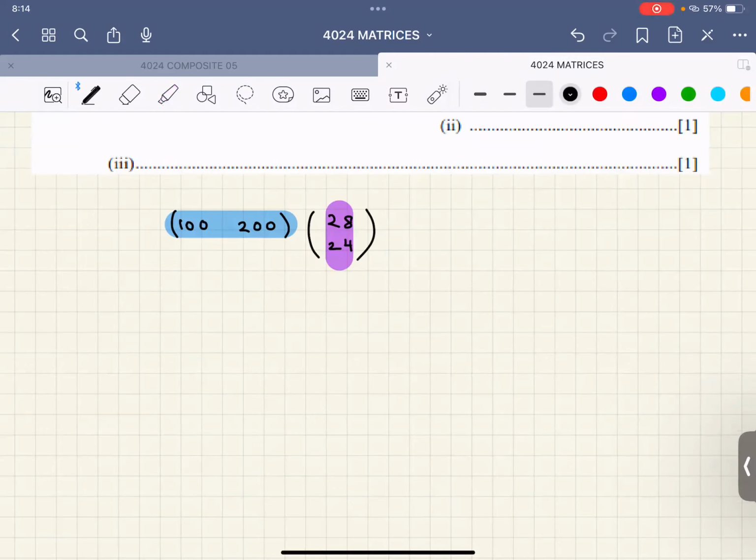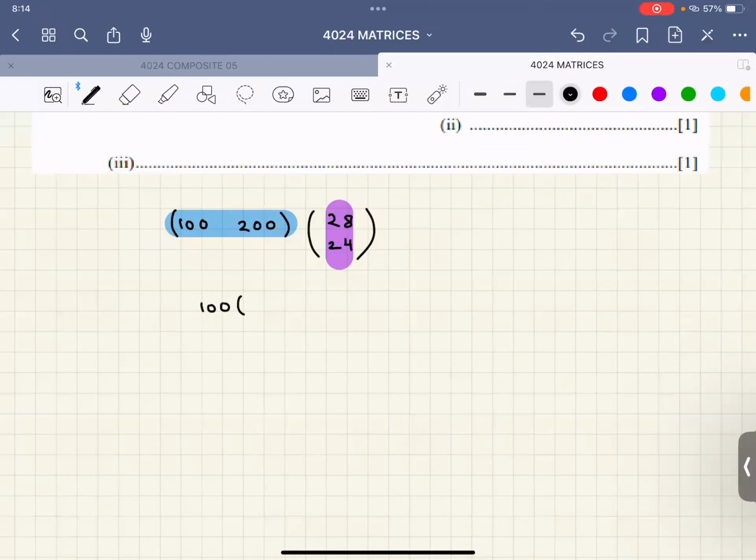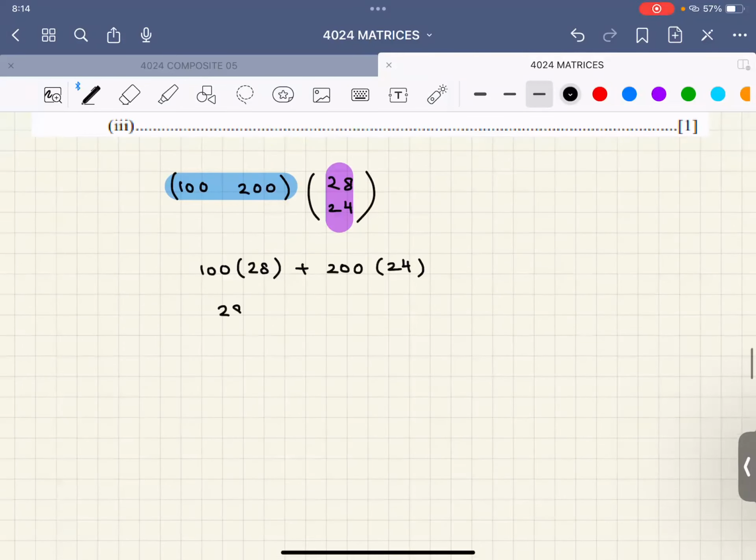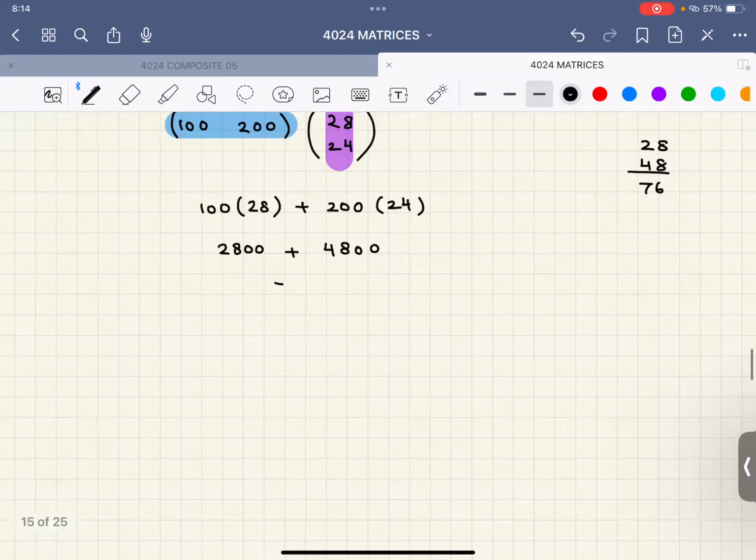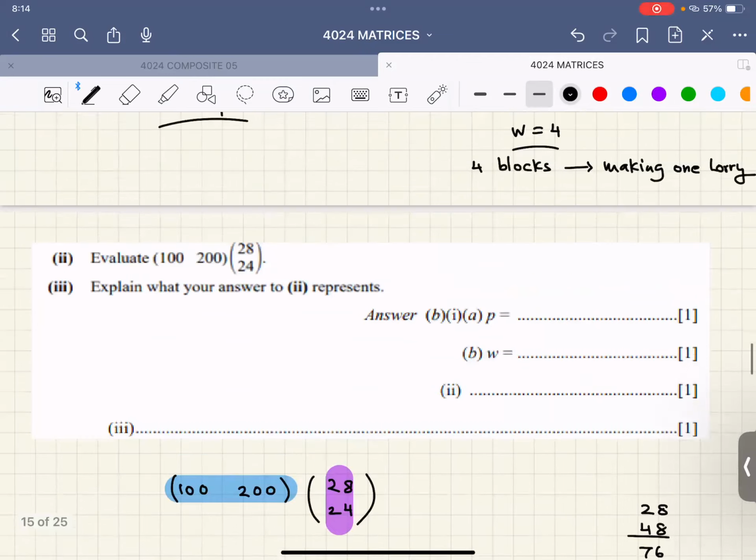So therefore, this is 100 into 28 plus 200 into 24. So that is 2800. And this is 4800. And basically just add 28 and 48. So that is 50 plus 26, that is 76. So this is 7600.